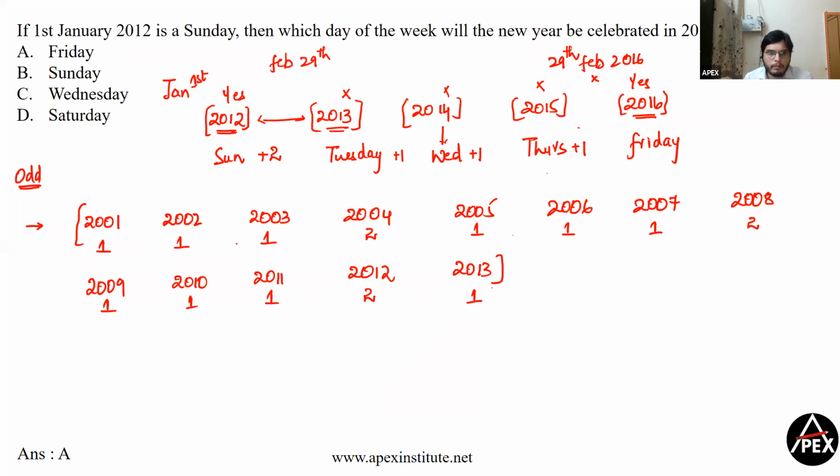So what is the sum? 3, 5, 10, 15 plus 16. So we have 16 odd days, or I can say 2 odd days.